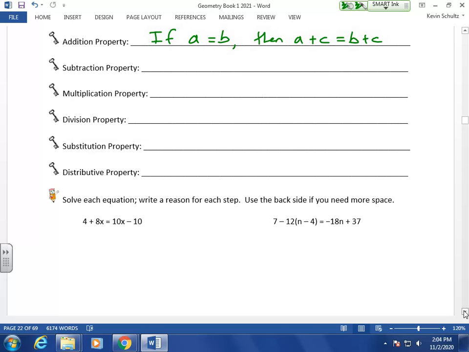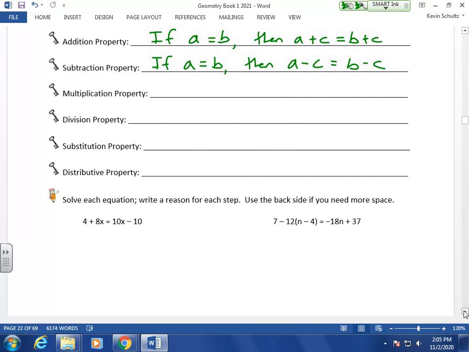The subtraction property says that if A equals B, then A minus C is equal to B minus C. You can subtract something from both sides, and it's okay. It's a mathematical property.